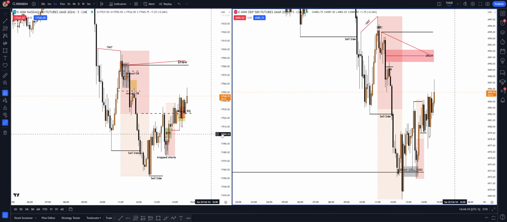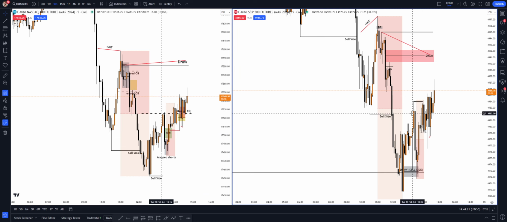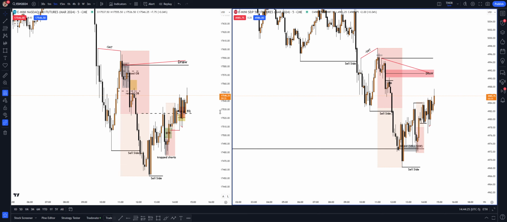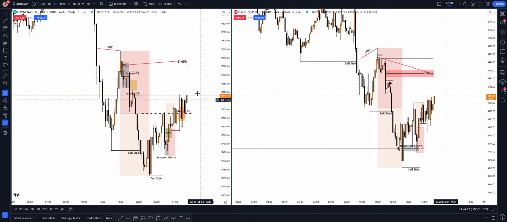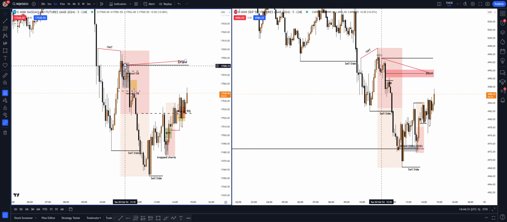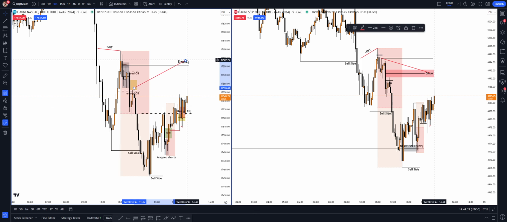Should really send it higher. Just be mindful of this level there.